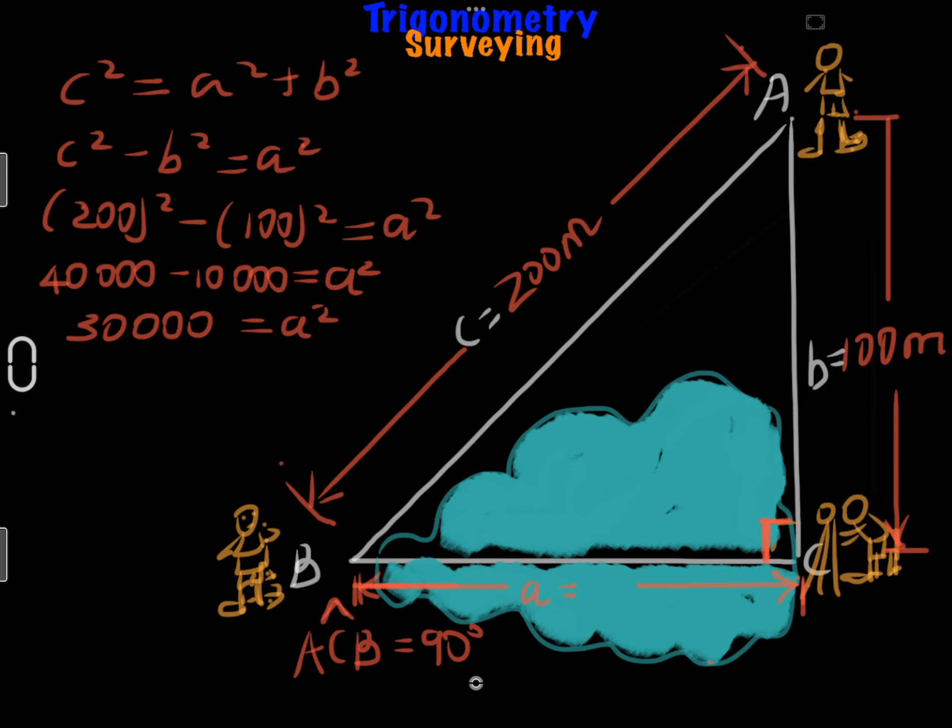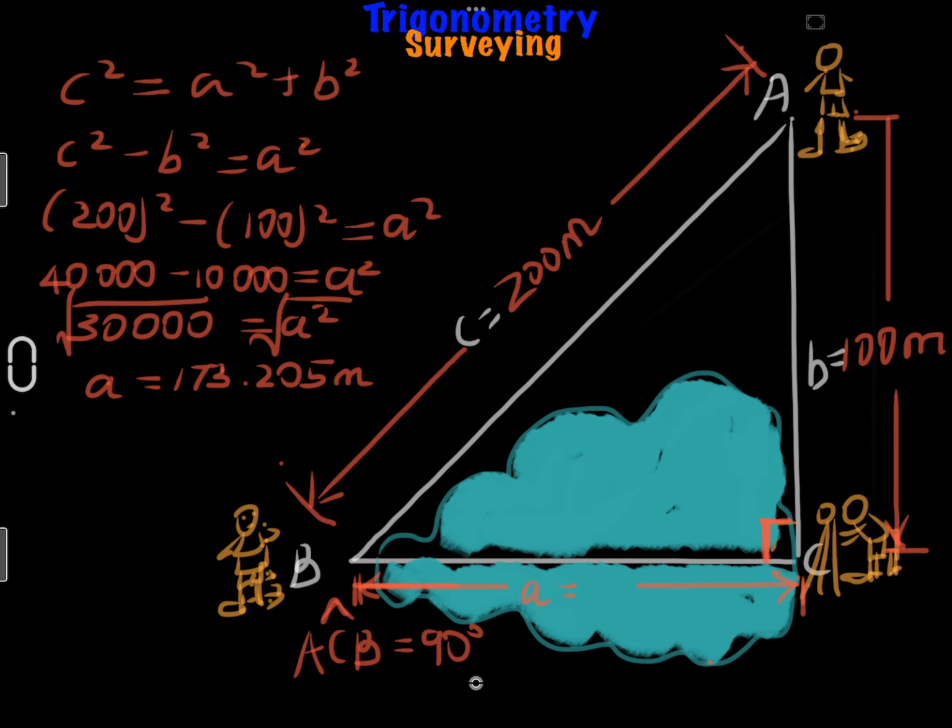So that's 30,000 is equal to a squared. So what you need to do now is simply take the square root on both sides. Once you do that, the square will fall off. Then we simply find the square root of 30,000. In this case it is 173.205 meters.